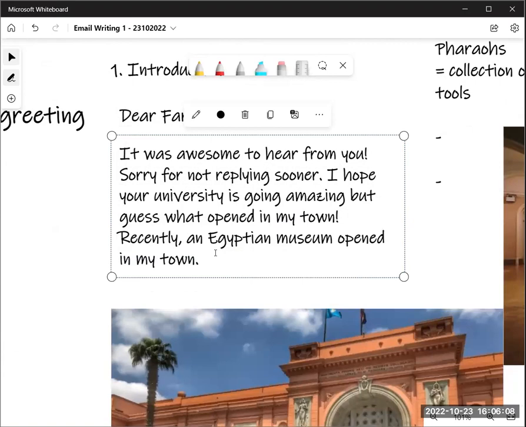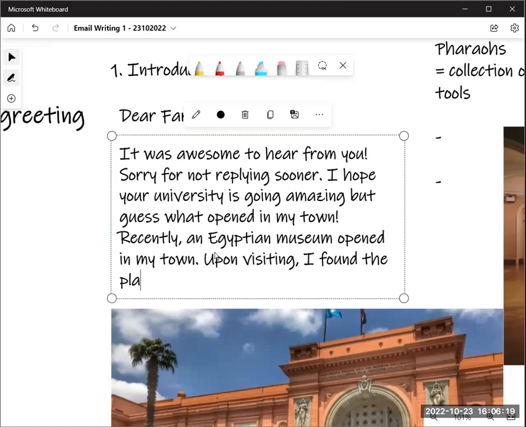You'll say, it opened in my town, and upon visiting, I found the place to be huge, or upon visiting, I saw that there were things like, and you can tell me what things were there. I can also say upon visiting.